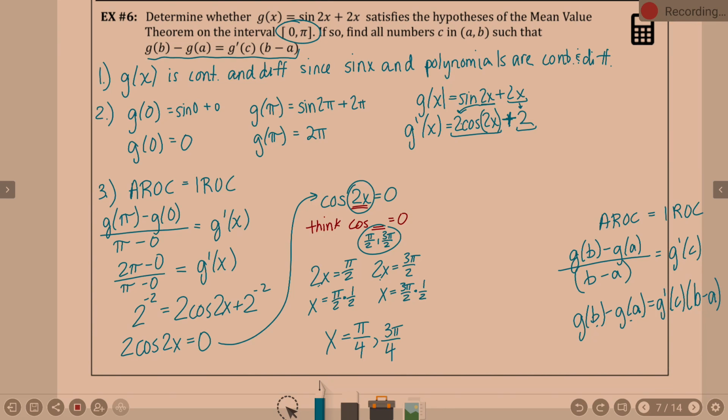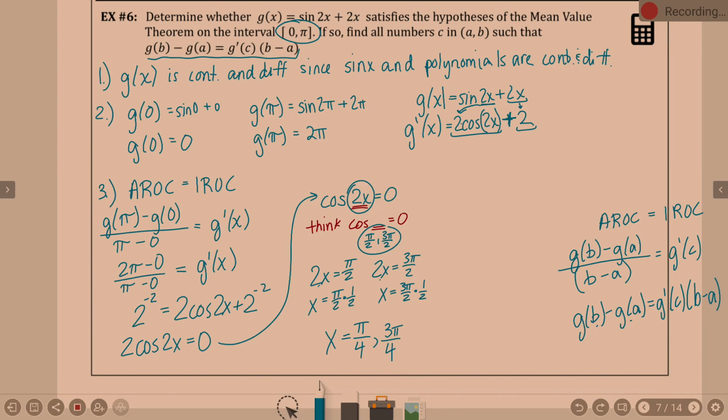Okay. What are we supposed to do? Find all numbers C in the interval such that that is true. So basically that was a variation of A rock equals I rock, right?